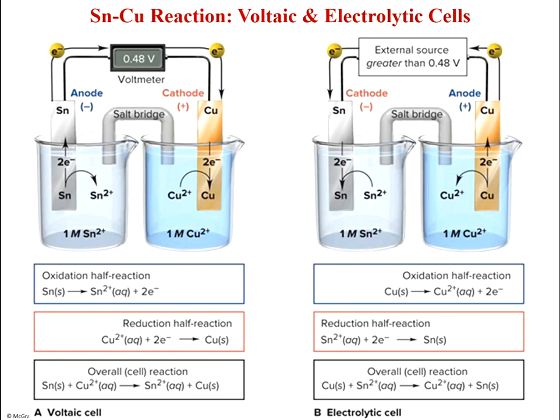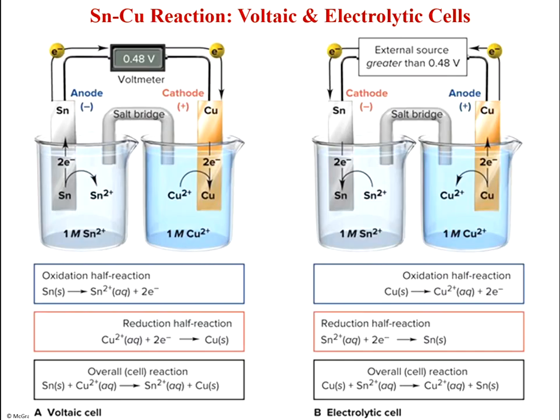On the right-hand side, we have the electrolytic cell. So now what we're going to do is make copper oxidize and force tin to get reduced. So we simply apply a voltage that is greater than 0.48 volts, which turns out to be the cell voltage for this system.